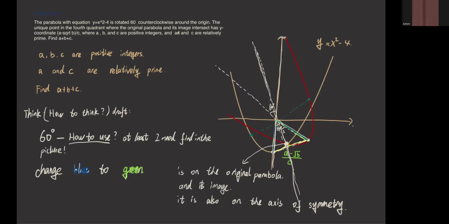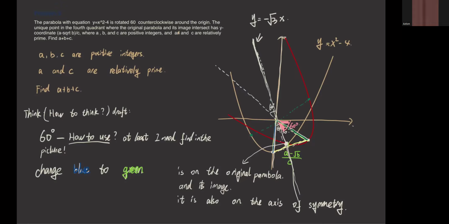So this is 30 degrees, this is 30 degrees, so together this is 60 degrees, right? With our knowledge of lines, we know that this special line is y is equal to negative square root of 3 times x. You have several ways to do that, I told you before.